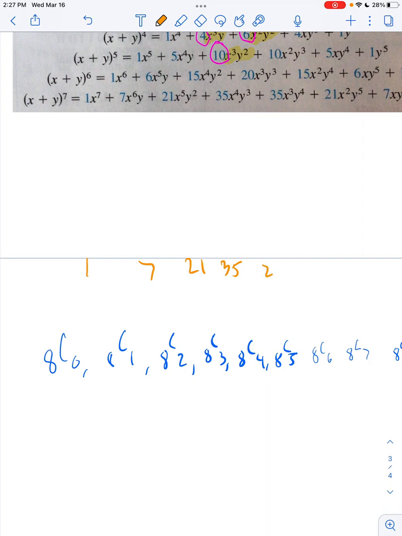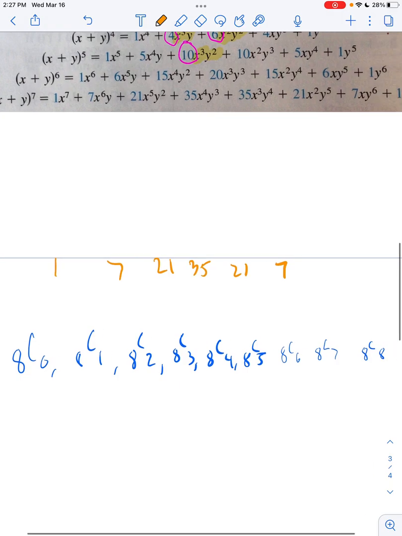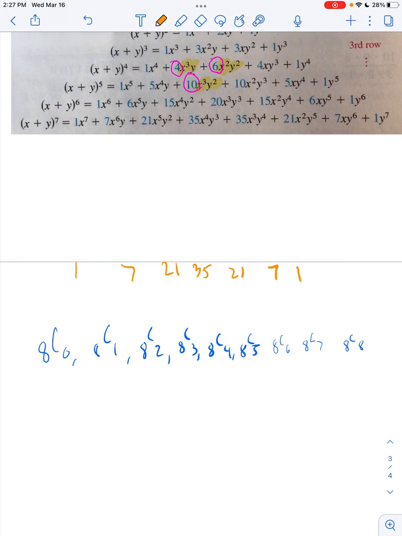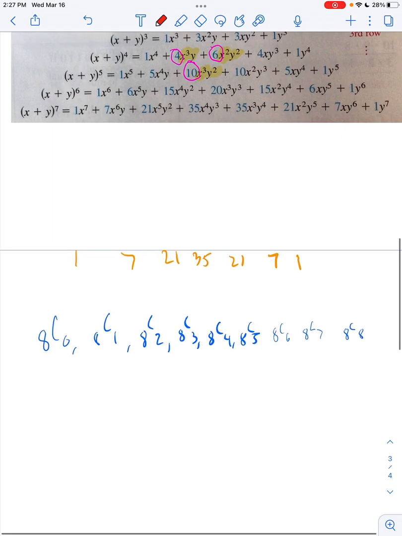1, 7, 21, 35, 35, 21. It's going to start decreasing in the same order. And then 7, and 1. And then I need to add them.